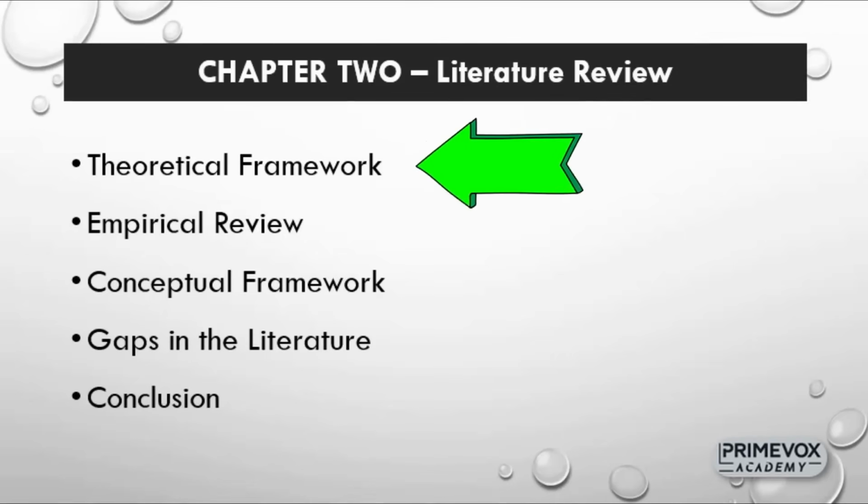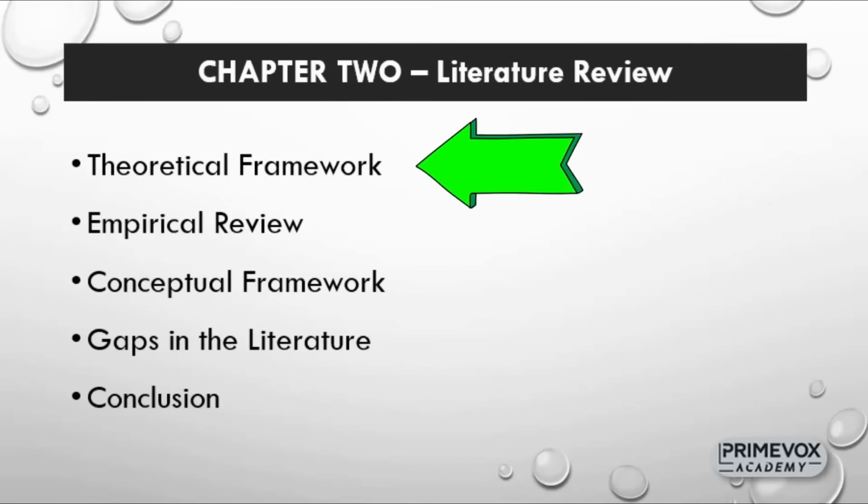So if I want to write a theoretical framework and I am employing social cognitive theory, what is the meaning of social cognitive theory? It is a framework that explains how learning is influenced by observing others, imitating behavior, and reinforcement. So this thing can be used in a research on how students learn social skills through observing teachers' behavior.